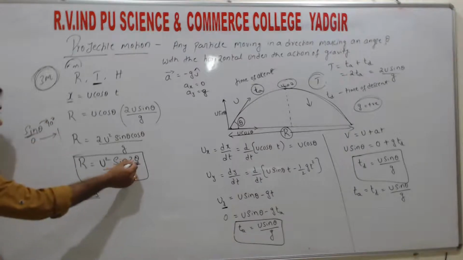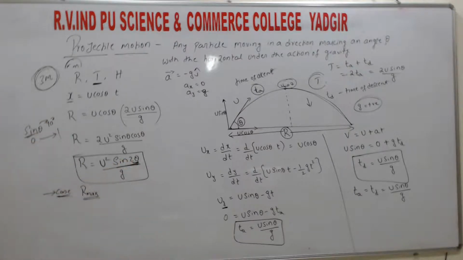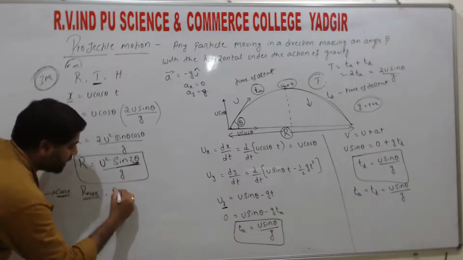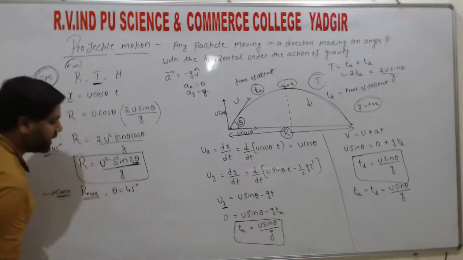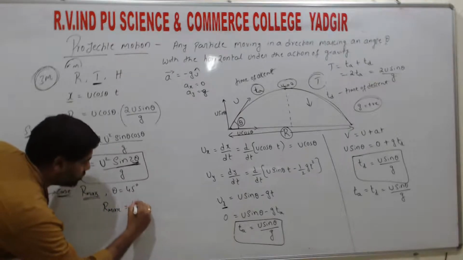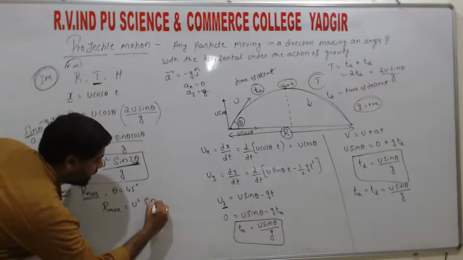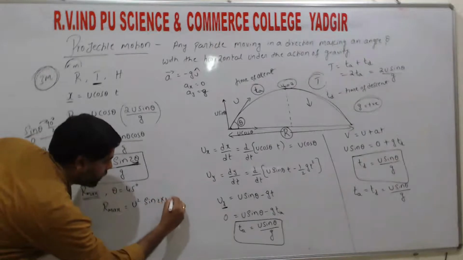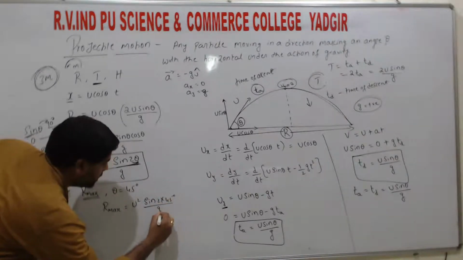But ಇಲ್ಲಿ ನಮಗೆ ಎಷ್ಟಿದೆ? theta is 2 theta. So that means theta is 45, right? So when theta is equals to 45 degree, we get the r as r maximum, that is equals to u square sin 2 into 45 degree divided by g, right?